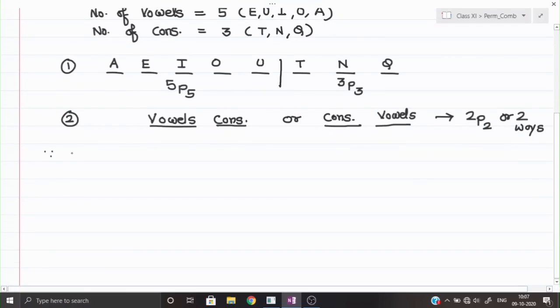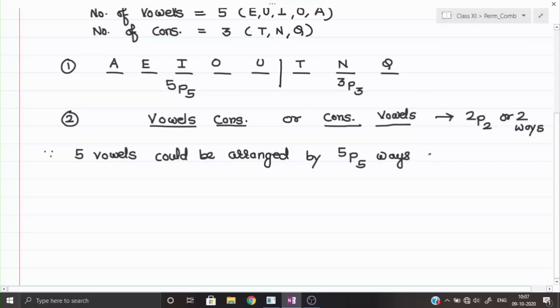Since 5 vowels could be arranged by 5P5 ways, and 3 consonants could be arranged by 3P3 ways.